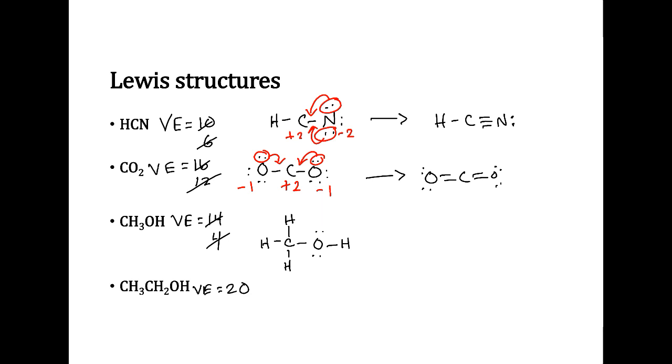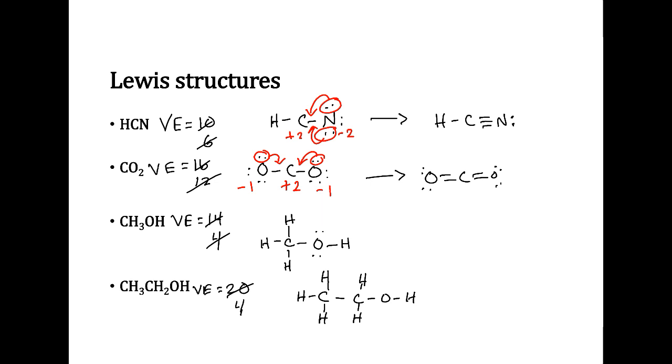If we were to draw out our skeleton, we have CH3, CH2, OH. The first thing we'll do is add single bonds first and take away 2 valence electrons. So we have 2, 4, 6, 8, 10, 12, 14, 16 valence electrons used up. So we have 4 remaining.